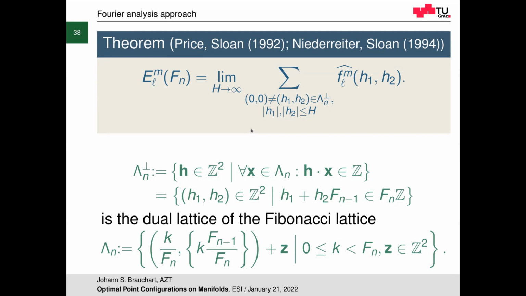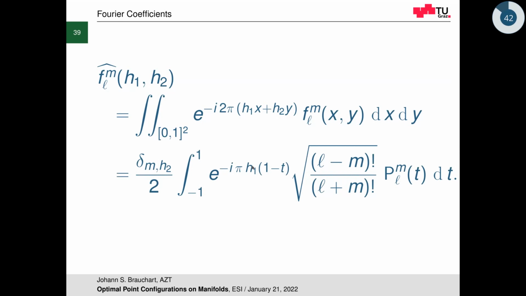Here I'm writing up what the dual lattice is and how to characterize it in terms of the numbers H1, H2, and the Fibonacci numbers. It's not that difficult to compute the coefficients. The part with the exponential simplifies to the Kronecker delta, and the other one is the trickier part with the associated Legendre polynomials.